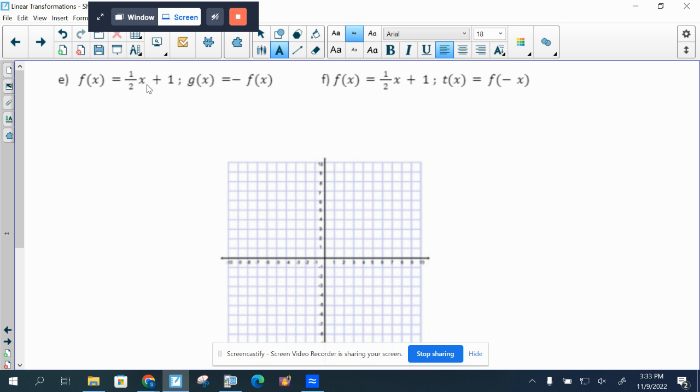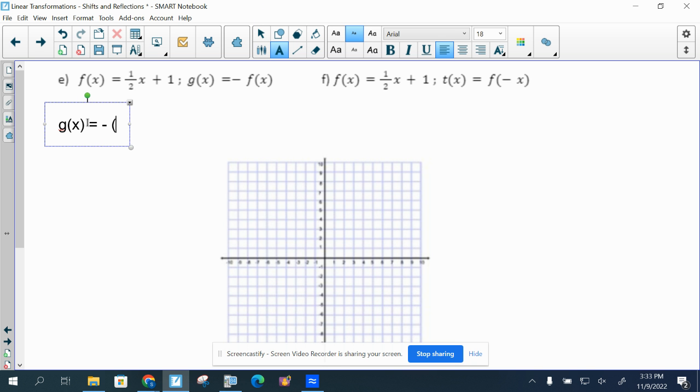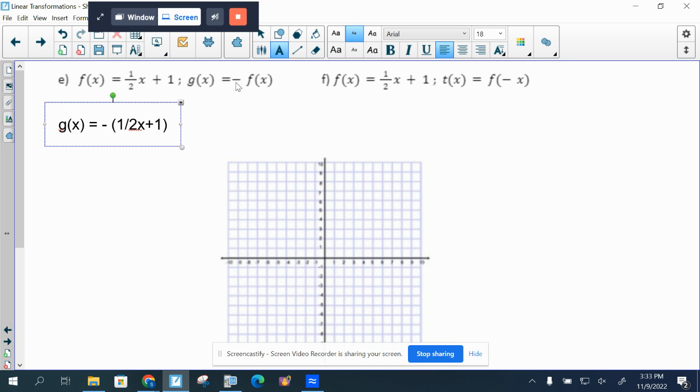E and F. E is 1/2 x plus 1, and then you're doing negative f of x. So I take negative parentheses 1/2 x plus 1. So I'm multiplying the negative sign by the entire thing. Remember, it's like negative 1.